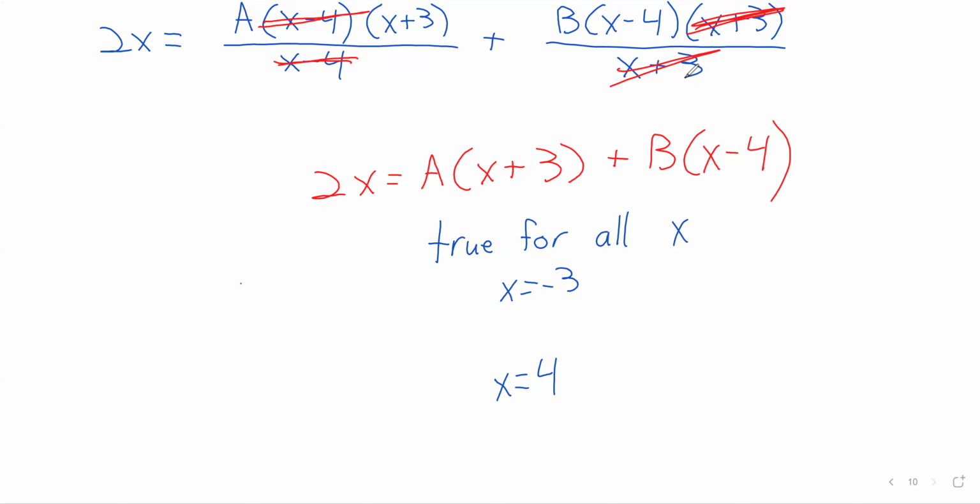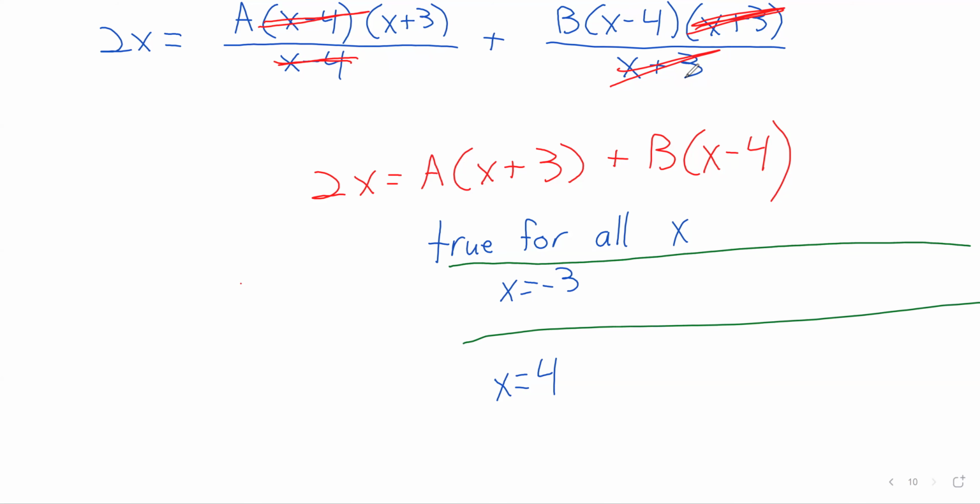If we let x be -3, what happens on the left? 2 times -3 is -6. What happens on the right? You see that one of these terms goes away. -3 plus 3 is 0. 0 times A is 0.